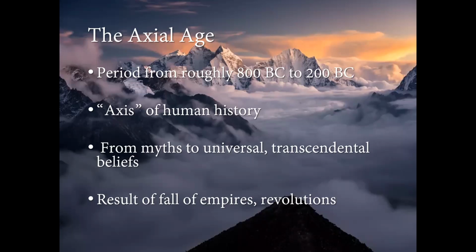And so the theory goes, this is all the result of stuff I've been talking about the last couple of weeks in my lectures: the rise and fall of empires, great turmoil in states, revolutions.